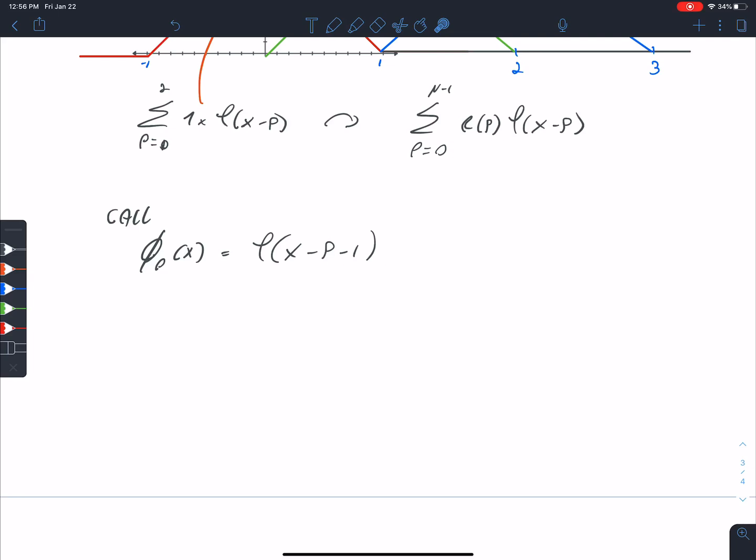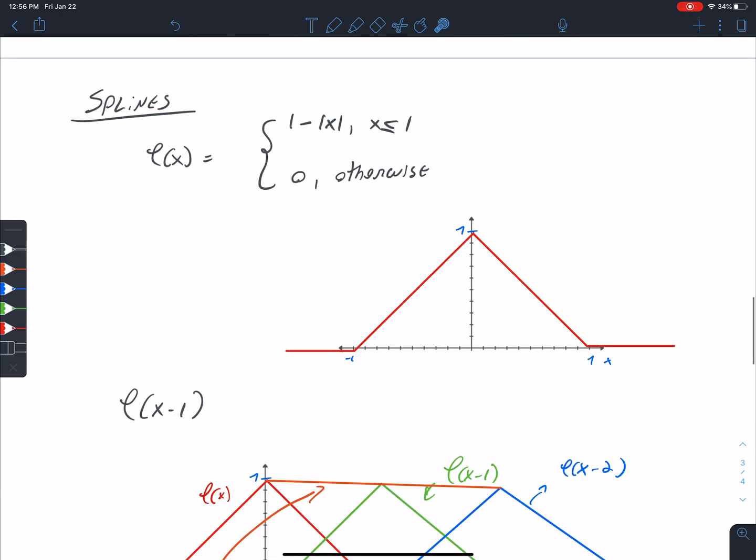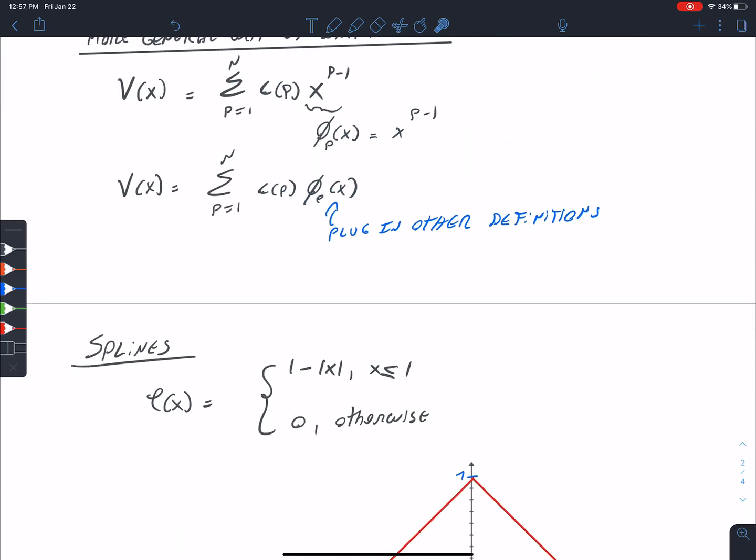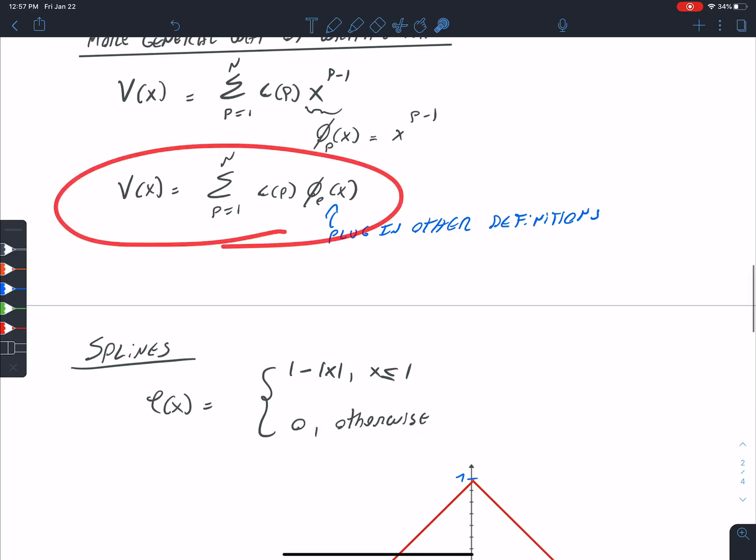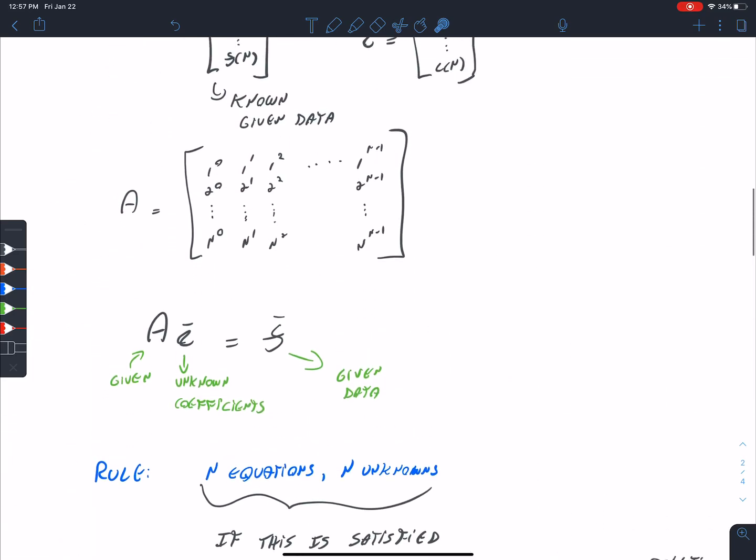Basically, using this new definition here, we can plug this back into our model and redevelop our linear system.